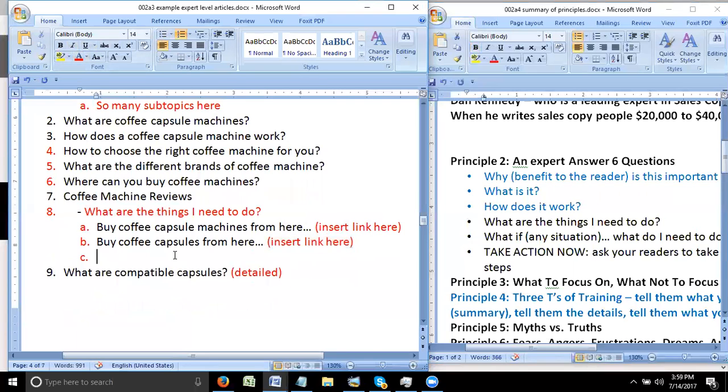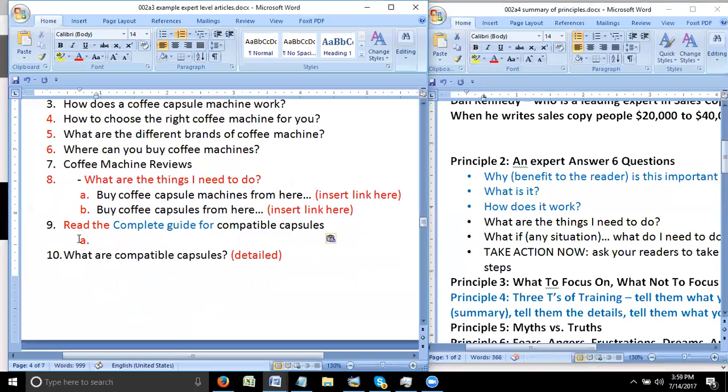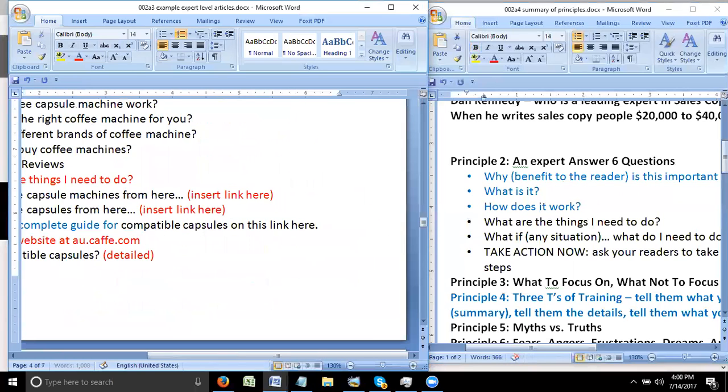Another action could be read the, what was that, complete guide right here at the top. Complete guide, okay. You can also do a visit our website at au.cafe.com.